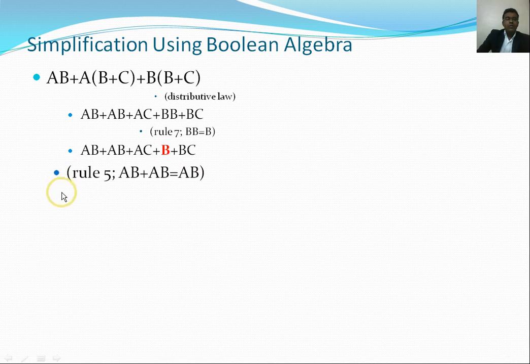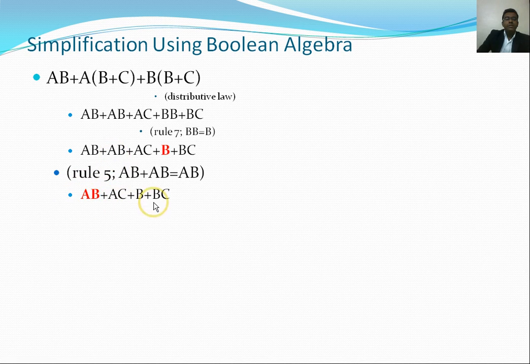Now from rule number 5, if a variable is repeatedly ORed with itself, then A OR A gives A, similarly B OR B gives B, and AB ORed with AB gives AB.